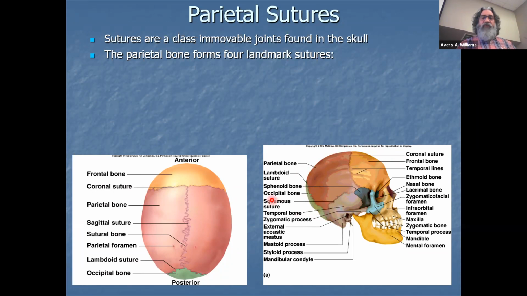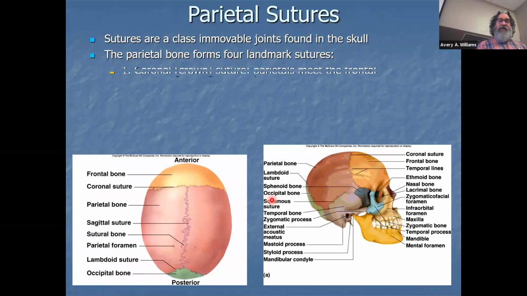Each side forms an articulation, and we identify each of those articulations or sutures. I list them here for you and define them because they're pretty landmark for getting your way around the skull.